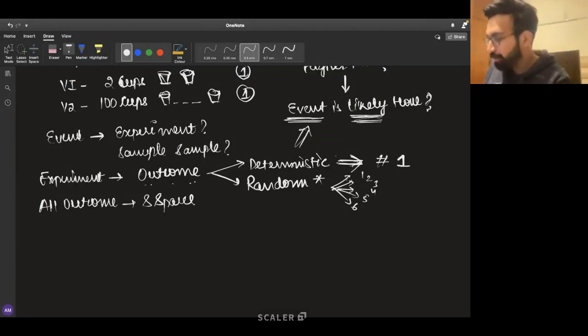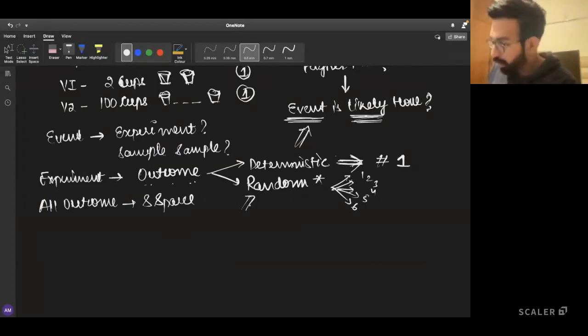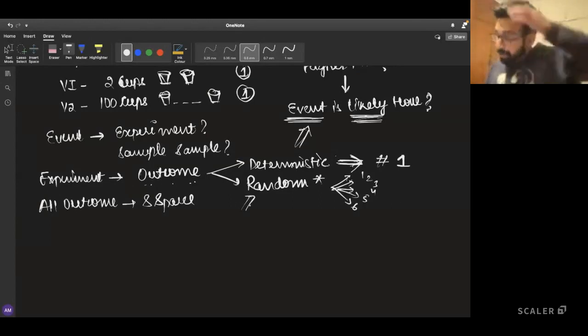No, a random experiment is probably throwing a die. 1, 2, 3, 4, 5, 6, we don't know what can come. And that's why we are interested in knowing how likely is 1, how likely is 2, how likely is 3, 4, 5, or whatever. I'm just covering this to structure everything, but let's not spend a lot of time so that we can focus on interesting stuff later on.